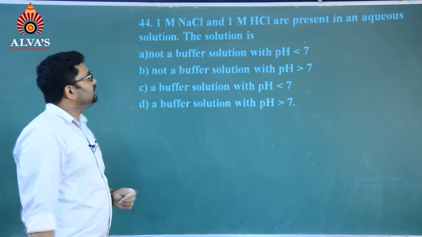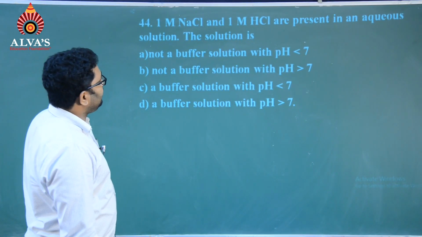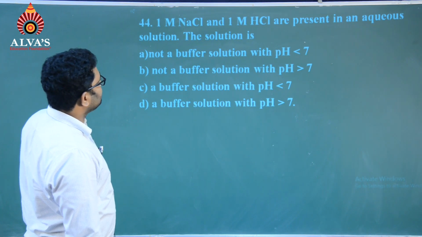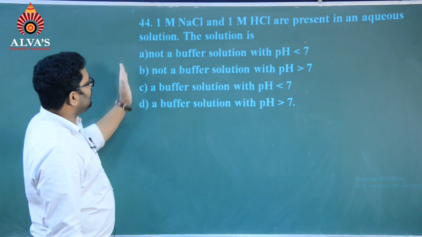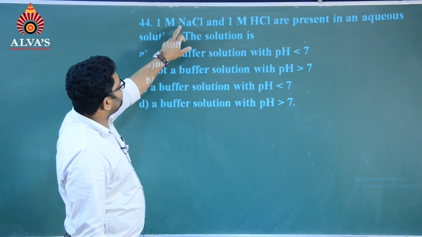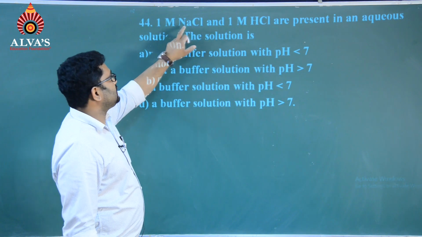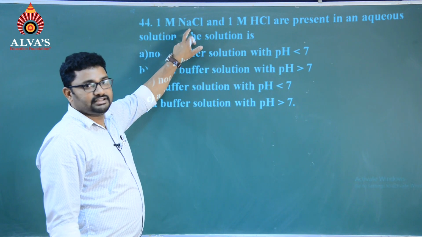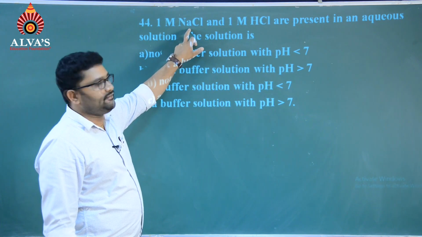Number 44. 1 molar NaCl and 1 molar HCl are present in an aqueous solution. We have 4 options. Students, the hydrolysis of sodium chloride, a salt of a strong acid and strong base, will not alter the pH. pH will be around 7.